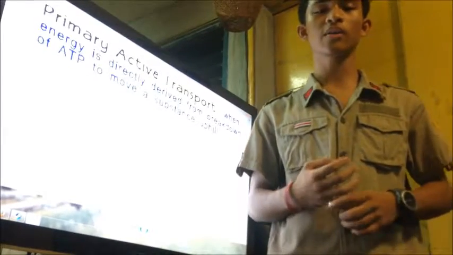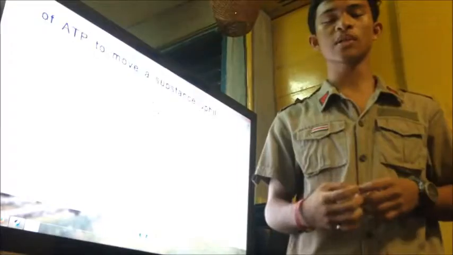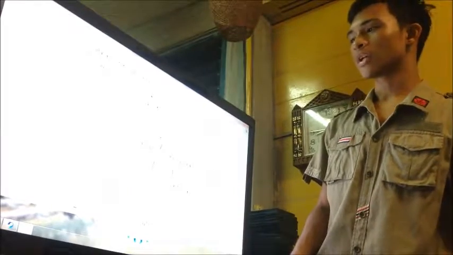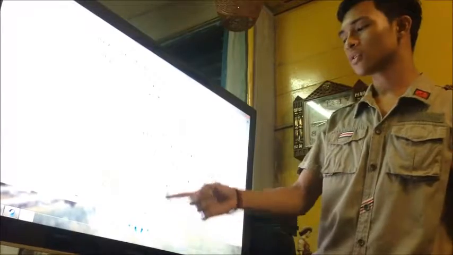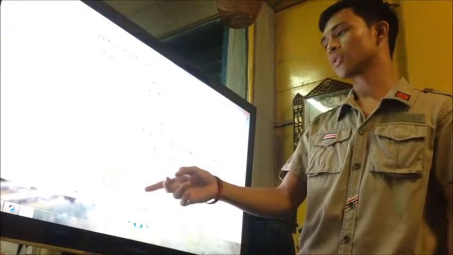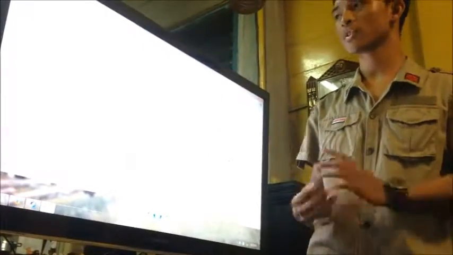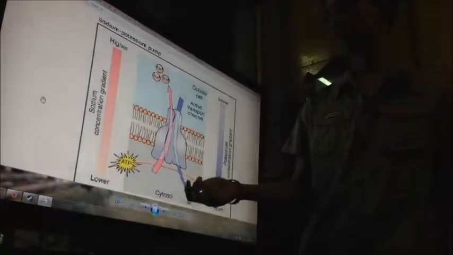This is when the energy is directly derived from breakdown of ATP to move a substance uphill. In this illustration, you can see the primary active transport. In the red arrow, you see the ATP is used to move a molecule, the sodium potassium pump, outside the cell, so it requires ATP.